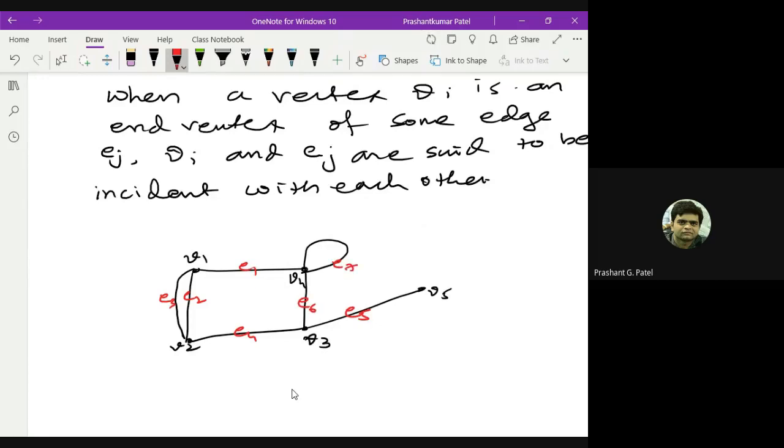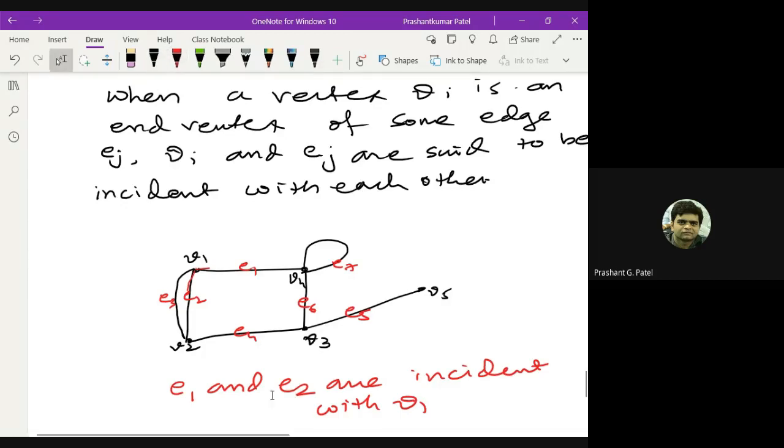There are 7 edges. So I can say that E1 and E2 are incident with V1. That is easily seen, because this one is joining with V1. So that's why it is incident.